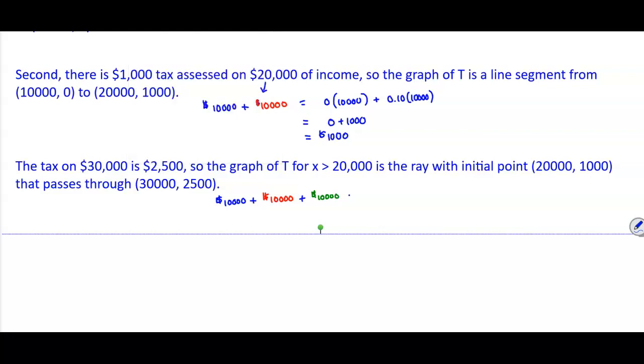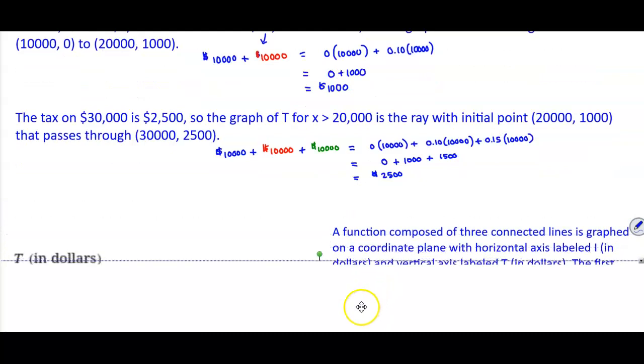So we have 0 times 10,000, plus 10% of the next 10,000, plus 15% of the next 10,000. So we end up with 0 plus 1,000 plus 1,500, and that gives us 2,500.